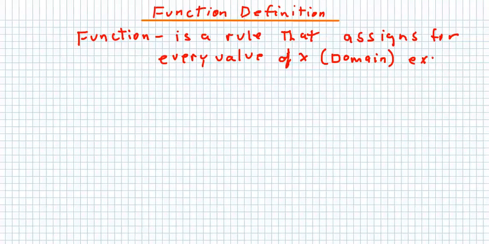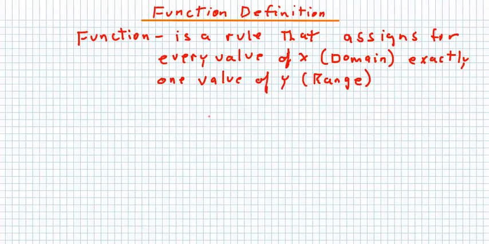Exactly one value of y, which comes from the set called the range. And again, we'll talk more about domain and range in the next video. The key is the function or rule, for every value you put into it, gives you exactly one value out.